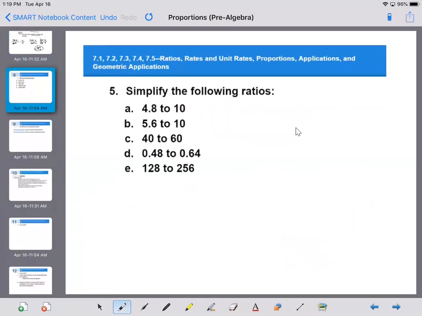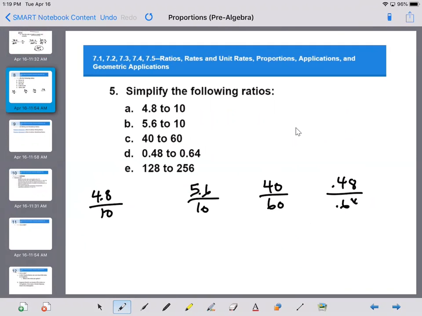Now, let's simplify the following ratios: 4.8 divided by 10, 5.6 divided by 10, 40 divided by 60, and 0.48 divided by 0.64. So 4.8/10 would be the same as 48 hundredths.